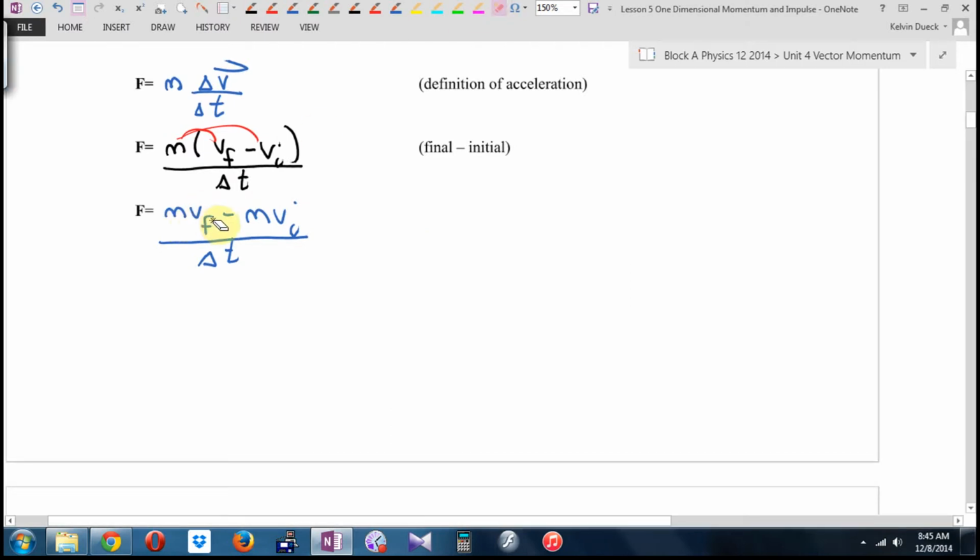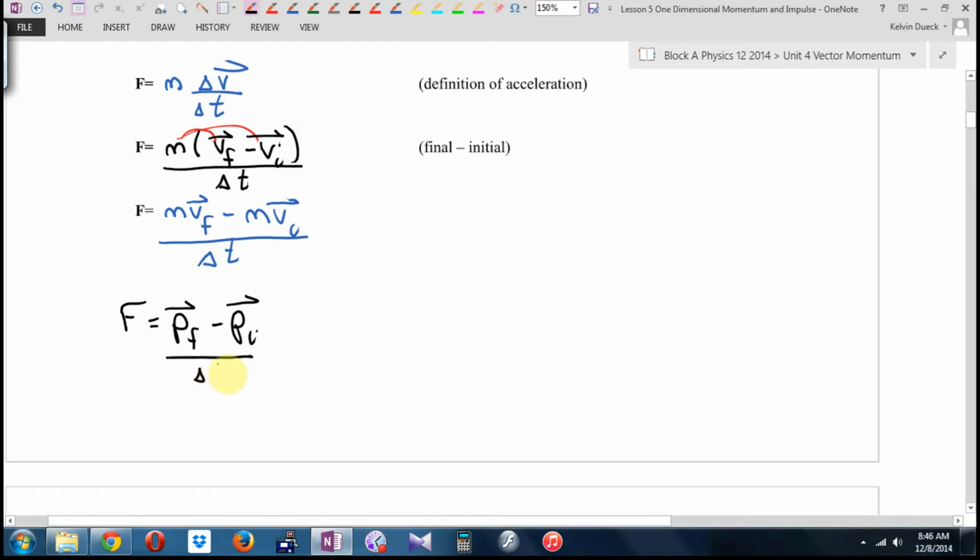What's mass times velocity? What did I just say in the box above? Momentum. So what's mass times velocity final? Momentum final. And what's mass times velocity initial? Momentum initial. So I can really write this as F equals momentum final minus momentum initial, over change in time. By the way, I should have been very careful and put vectors above these, and I've got to be way more careful with my vector notation.